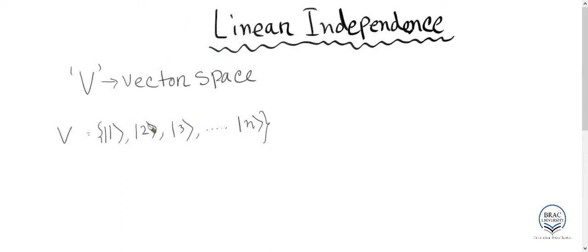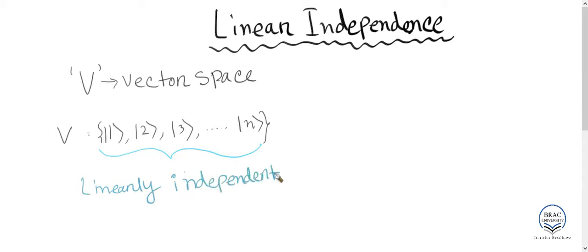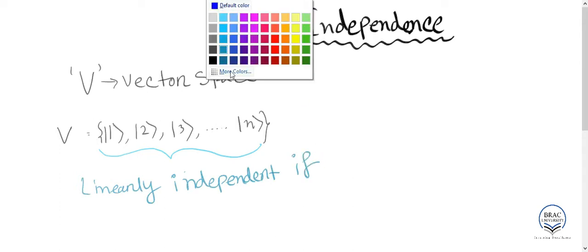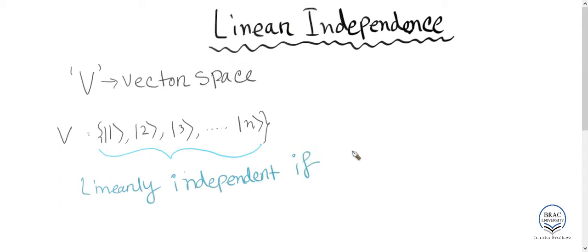That is, we call them linearly independent if we have a combination that looks like the following.